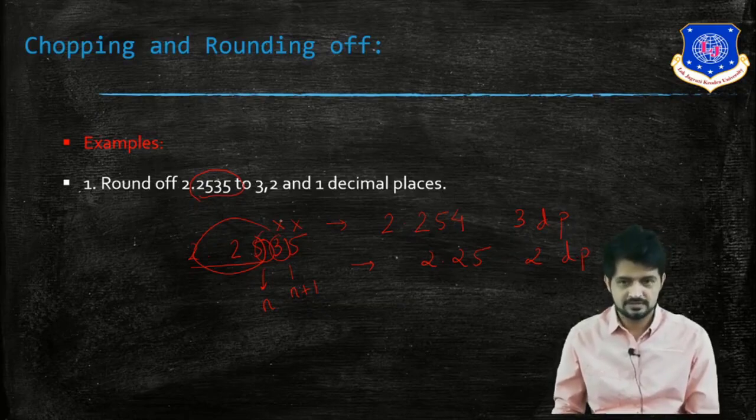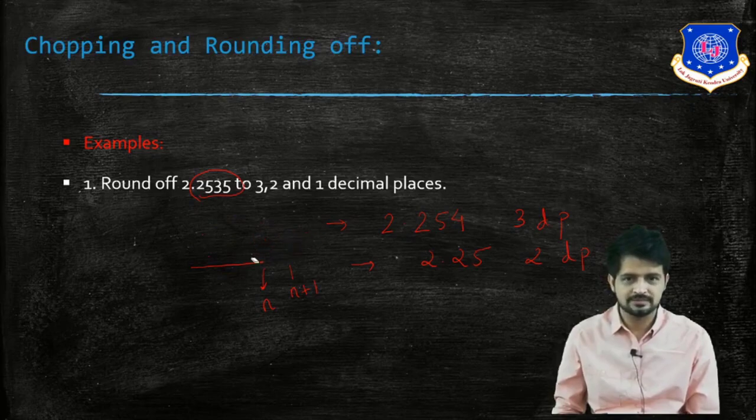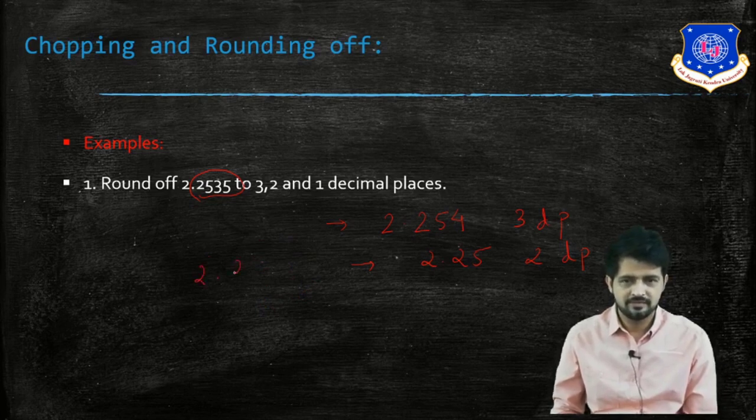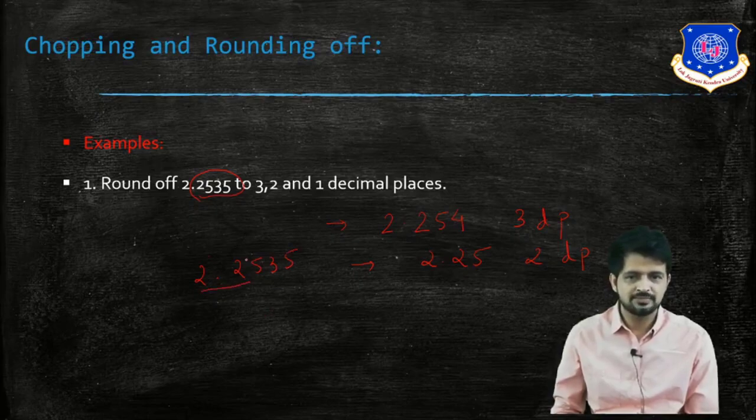Now let us represent this number up to 1 decimal place. Only 1 decimal place we have to take. Let me write the number again, 2.2535 is my number. Up to 1 decimal place means I have to write only up to this. Again I have to check this. This is my n plus 1th digit and this is my nth digit.